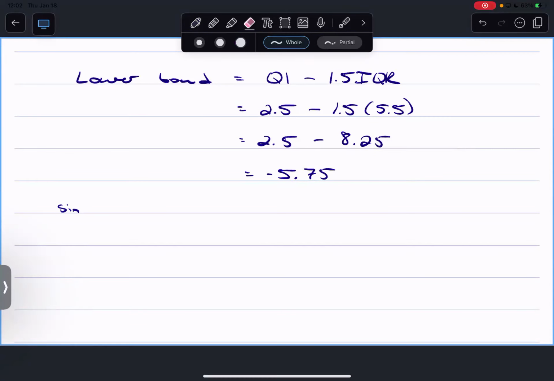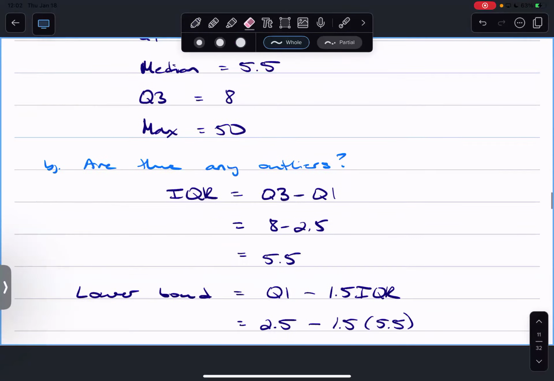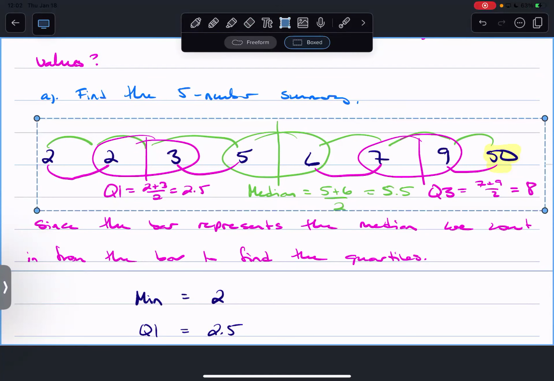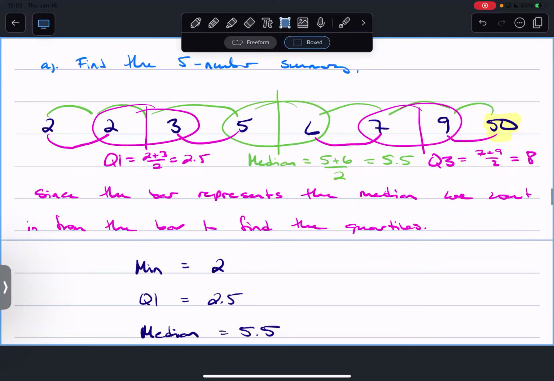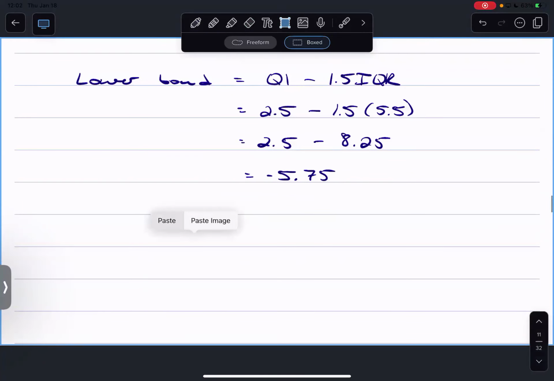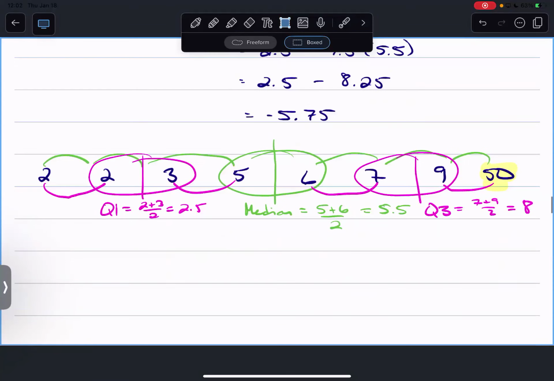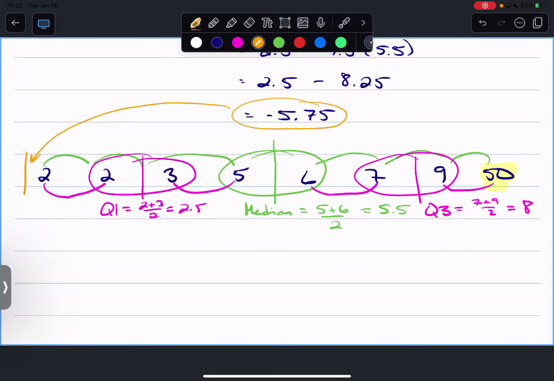Oh, I guess I should show it. We already did it. Paste. So now here, negative 5.75 would fall somewhere here on this number line.